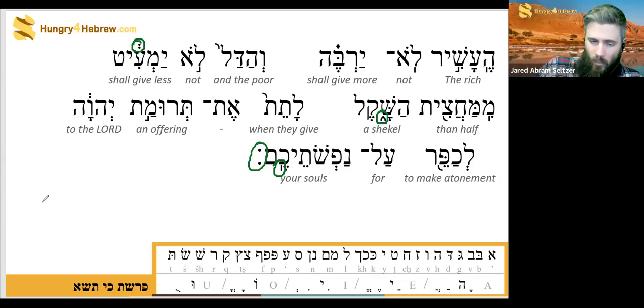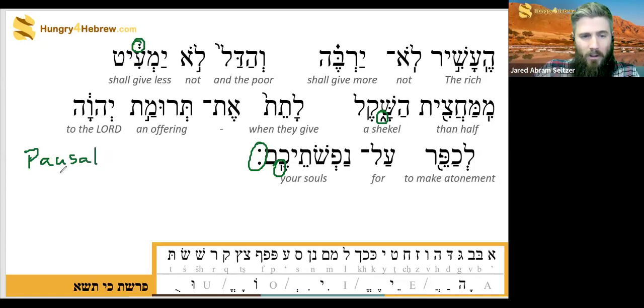Now, what are the behaviors of a pausal form? Well, there are several of them. Pausal forms will tend to have a restoration of vowels, especially historic vowels.